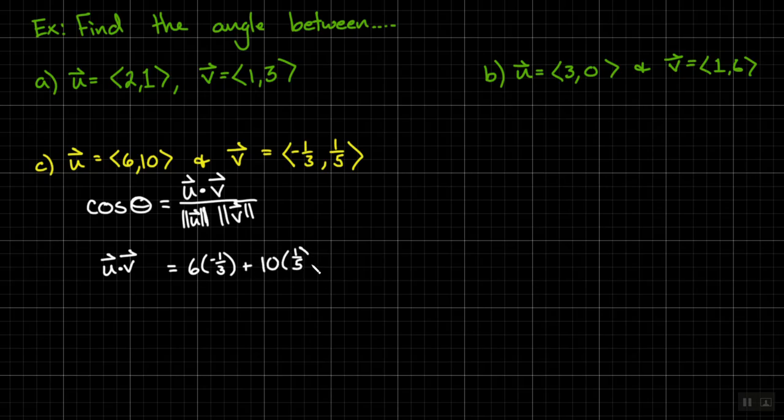Is everybody okay with this is u1 v1 plus u2 v2? Yeah. Okay, so let's just go one step further. What's 1/3 of 6 and made negative? Negative 2 plus, what's 1/5 of 10? 2. What's the dot product here?